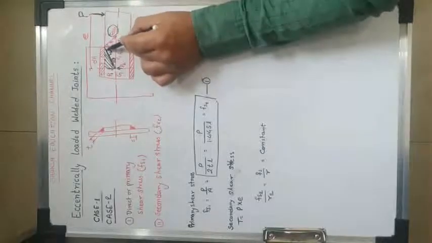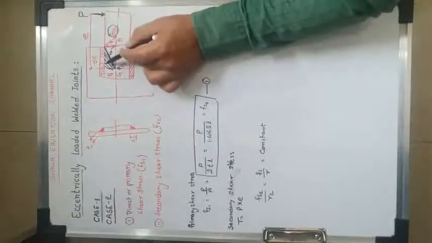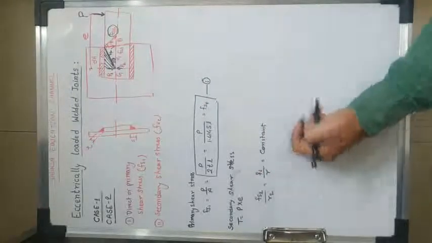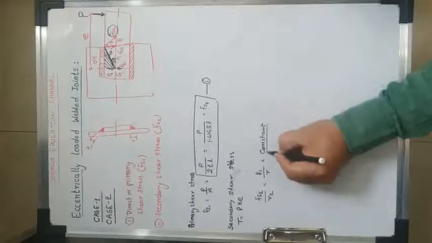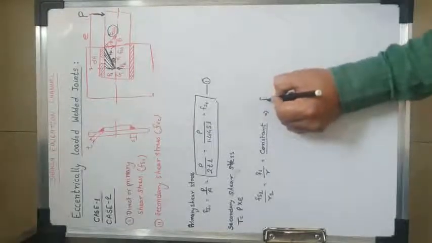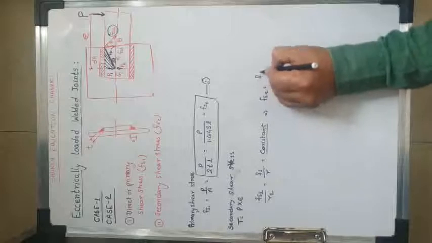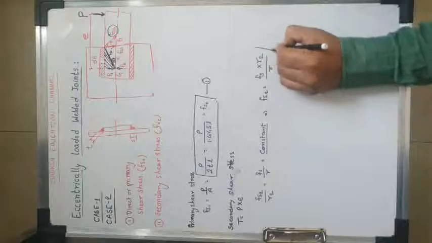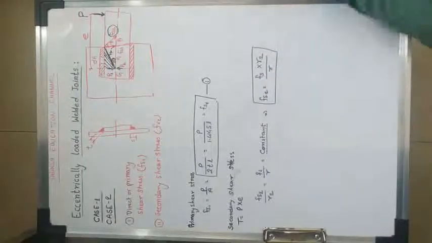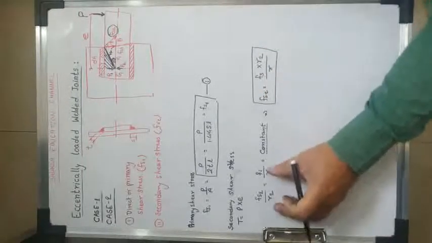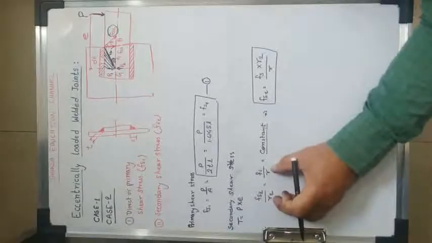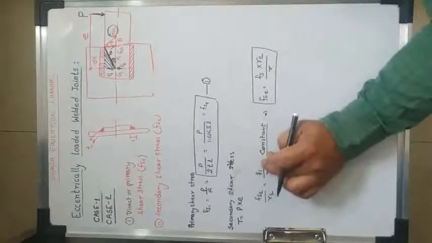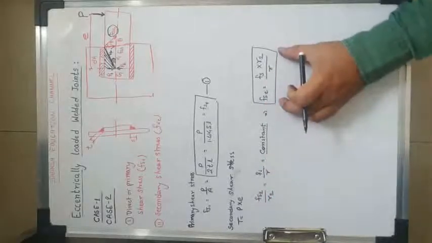So with the radius your stress is decreasing, so the ratio of stress to radius is always constant. So can we write it? Fs2 is equal to Fs into R2 upon R, because it is a constant. Constant means both are equivalent. So once it is equivalent, R will come to this side and this product will come.